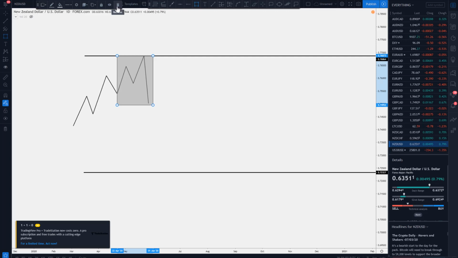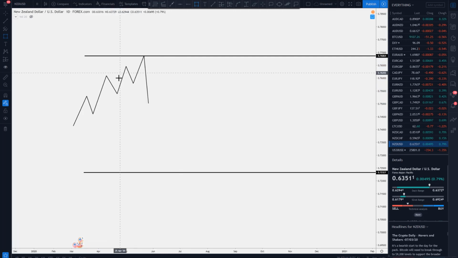But this is a double top, okay? And particularly, this is my favorite type of double top. I don't know if you all know the two different types, technically. It's four, technically, but just two different variations of it.